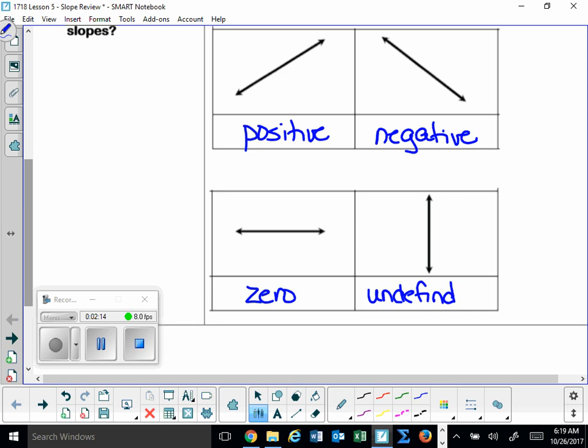Now for zero and undefined, you might remember HOY, VUX from Algebra 1. HOY: horizontal lines have zero slope and their equation is y equals a number. VUX: vertical lines have undefined slope and their equation is x equals a number.